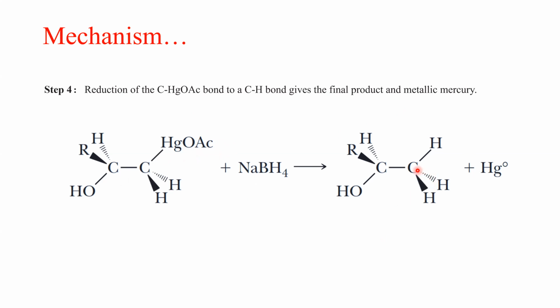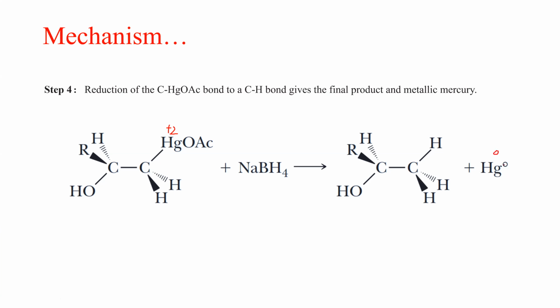So this carbon got the hydrogen from the sodium borohydride, and this mercury has converted from +2 into the zero form. So this mercury has been reduced by accepting 2 electrons, because here it was +2, and here it is 0, right?